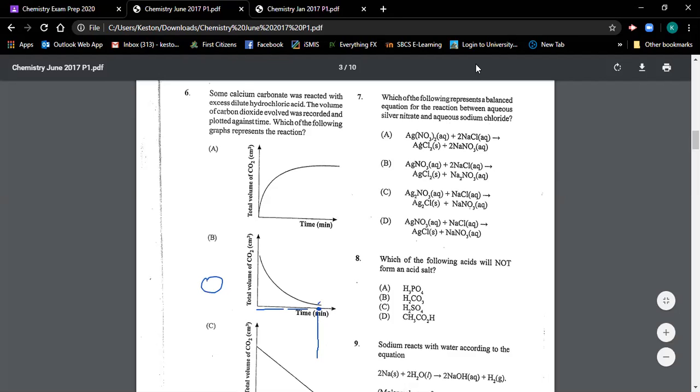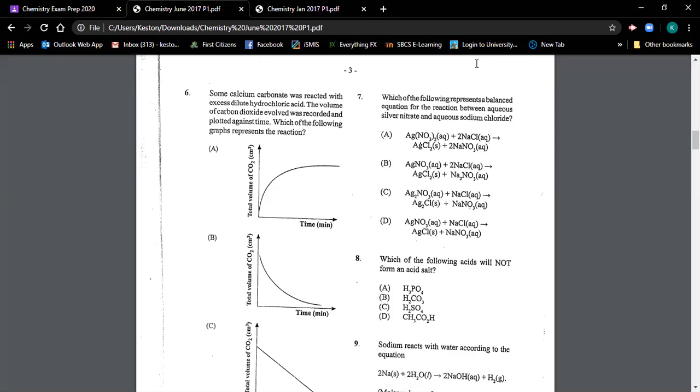So let's look at 7 now. Which of the following represents a balanced equation for the reaction between aqueous silver nitrate and aqueous sodium chloride? Right here we're talking displacement reactions.